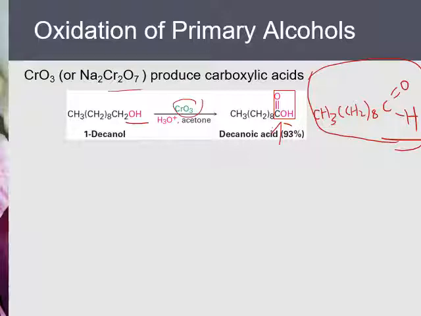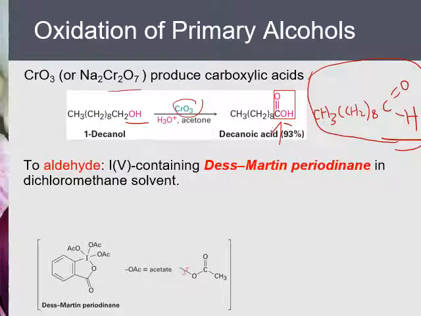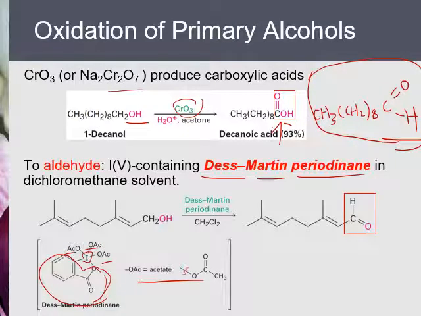That can be achieved by a new oxidizing reagent called Dess-Martin periodinane. This is a mild oxidizing reagent. The structure has an iodine connected to benzoic acid with three acetates. By treating with this oxidizing reagent, a primary alcohol is converted to aldehyde without being oxidized to carboxylic acid.